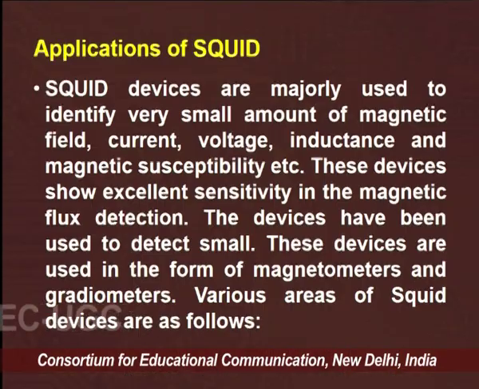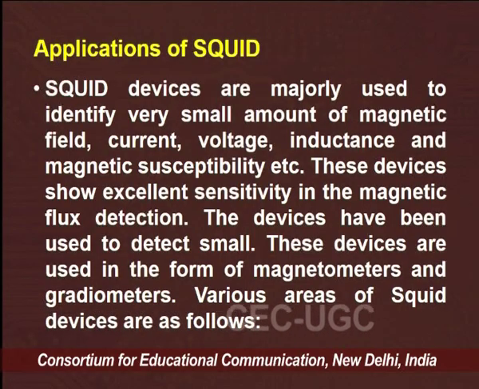SQUID has various applications, as it can easily measure very small magnetic flux. So SQUID devices are majorly used to identify very small amounts of magnetic field, current, voltage, inductance and magnetic susceptibility.